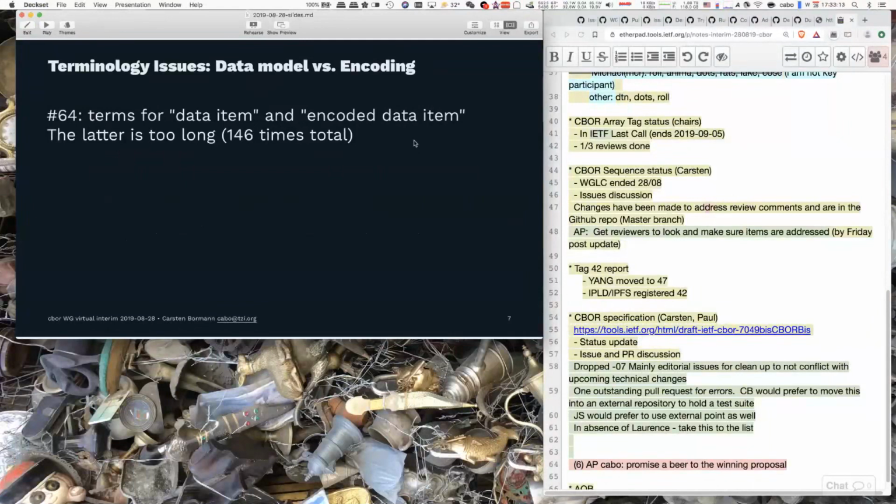Talking about encoded data items each time, that's a bit long. So if we want to split these two terms, model level data items and encoded data items, then we probably don't want to have 3-word or 5-word terms for that.